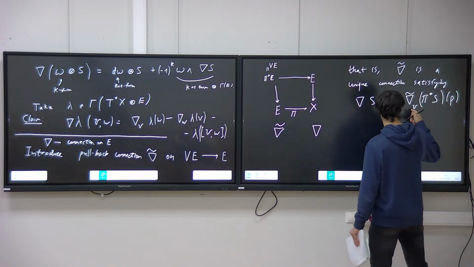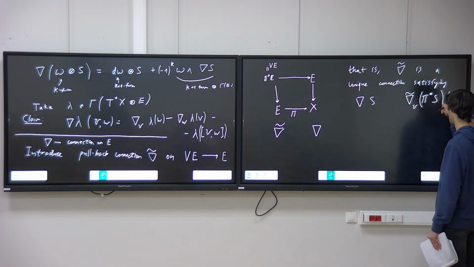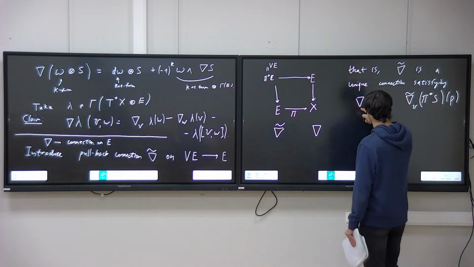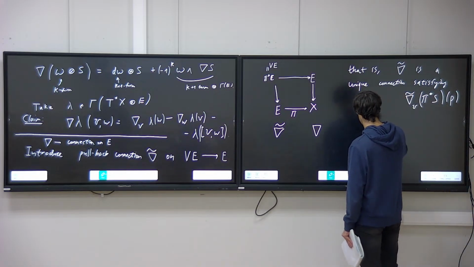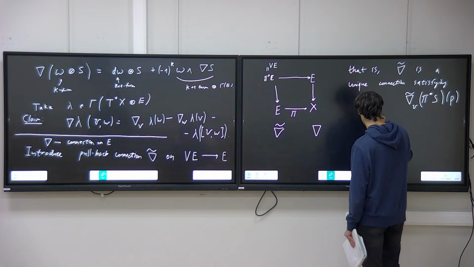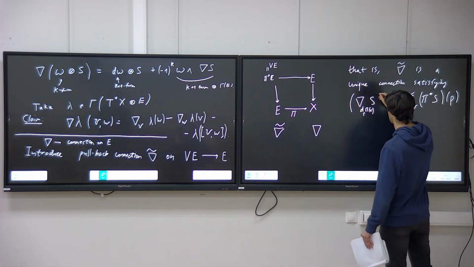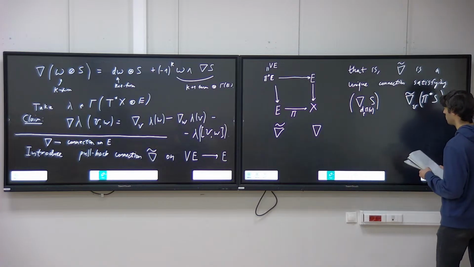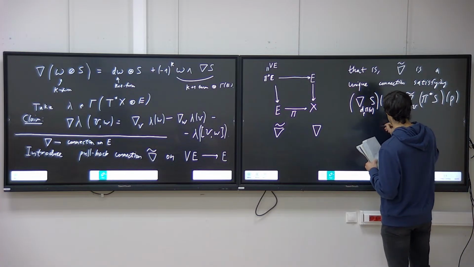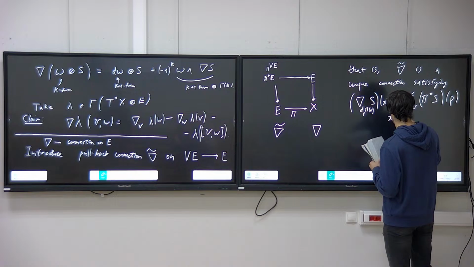So this is a tangent vector at p in TE, right? So I can relate nabla at d pi p of v, and then put it in a point x, where x is pi of p.